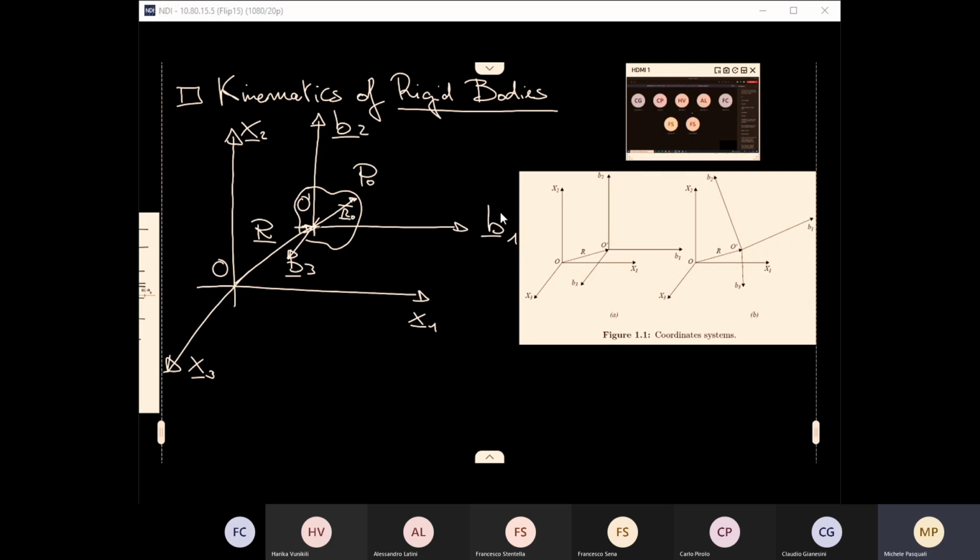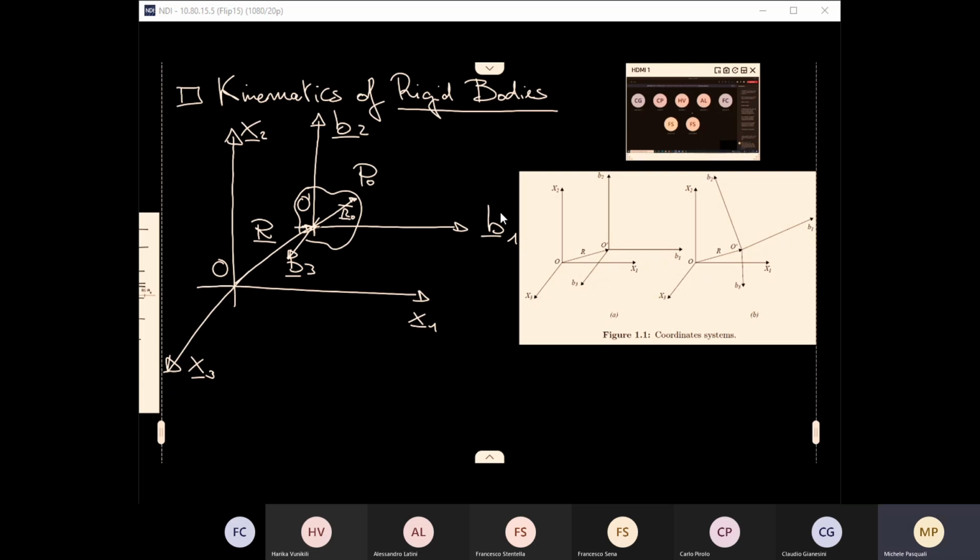Since we have multiple frames, we have to be able to distinguish in which frame the said quantities are expressed. In this case, since B1, B2, and B3 and X1, X2, and X3 are parallel in their axes, the components of the vector R0 are the same. What does this mean?